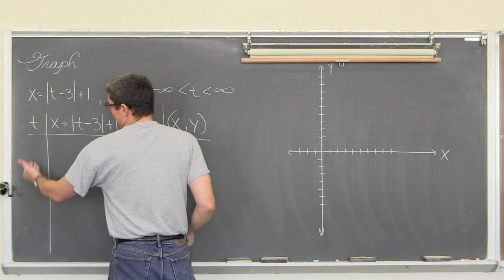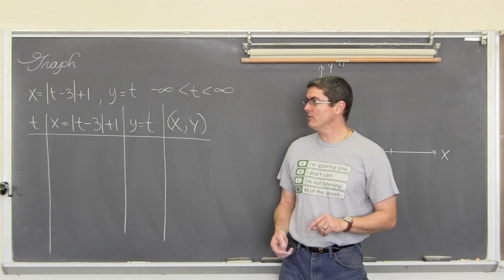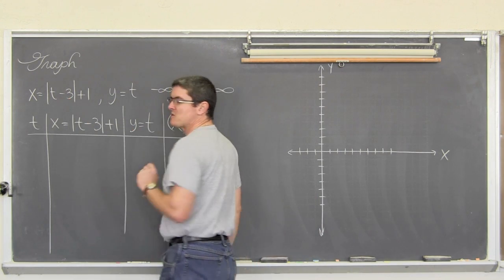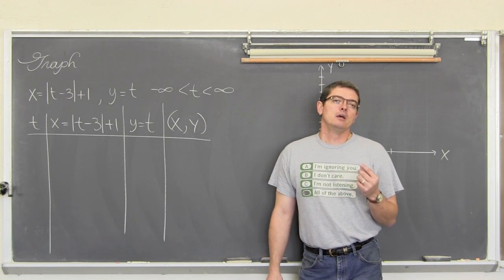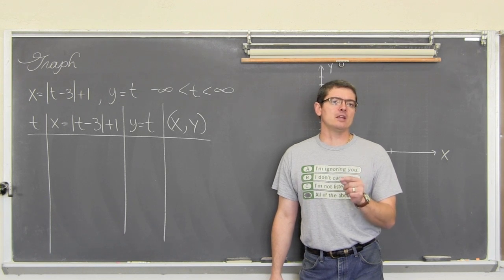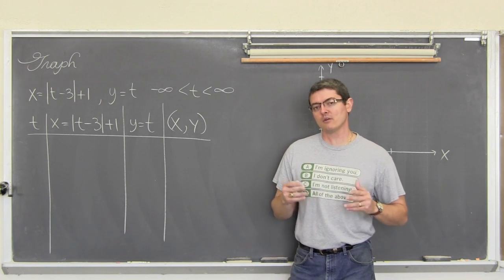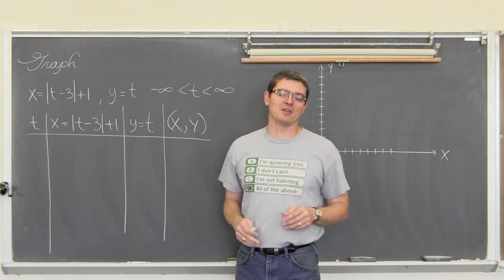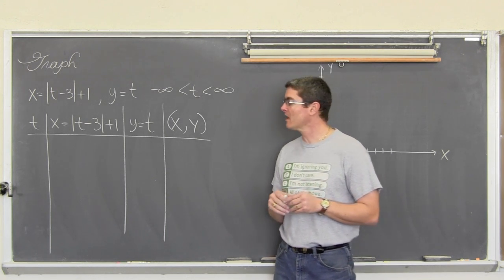So we're going to have to pick some values of t to plug into these equations to see what the graph looks like. And something special happens with the absolute value functions when you get to negative numbers. It makes them positive. Absolute value tells you how far a number is away from 0 on the number line.